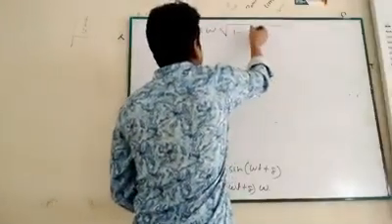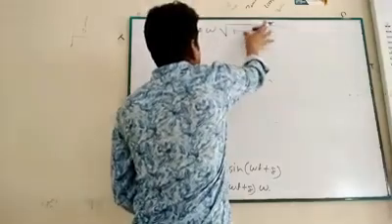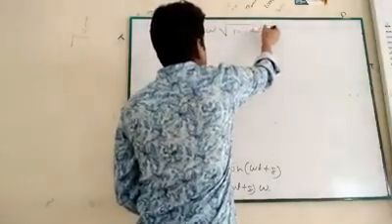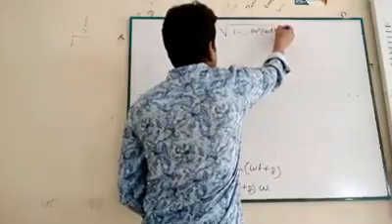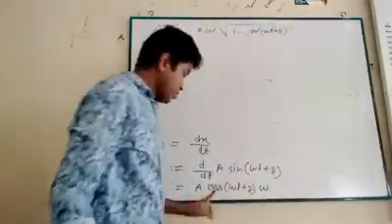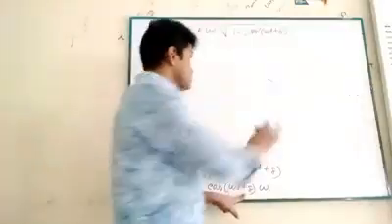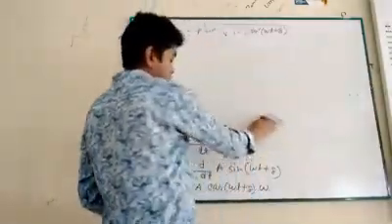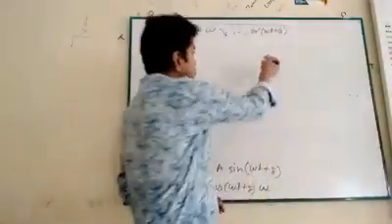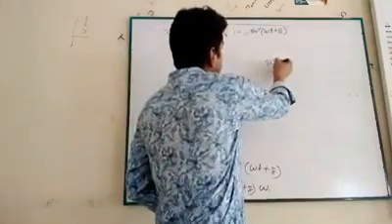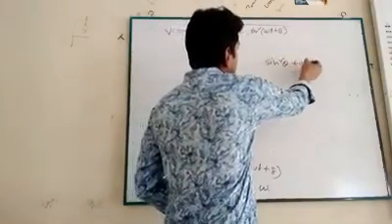v equal to a omega. We can write square root of 1 minus sin square(omega t plus delta) instead of cos(omega t plus delta). How? Can I explain?